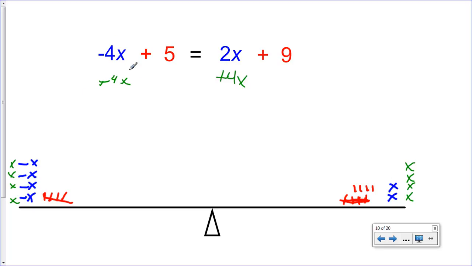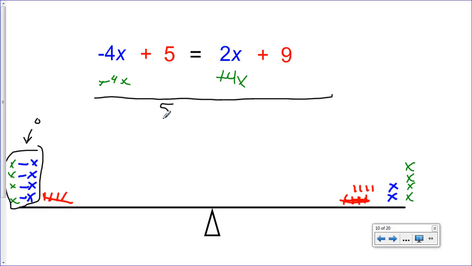The inverse property tells us that sum is 0. So that's 0 there. Opposites cancel. 0 plus 5 is 5. 2x and 4x, 1, 2, 3, 4, 5, 6. We got 6x there. And again, this is not completely solved yet, but you can take over from here using the x box as I've shown you before.